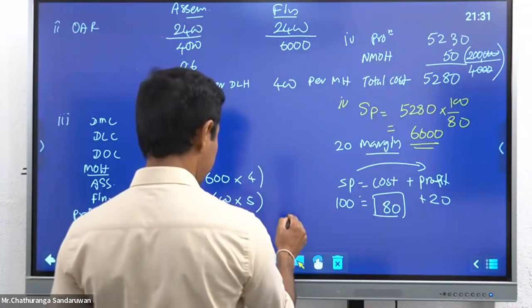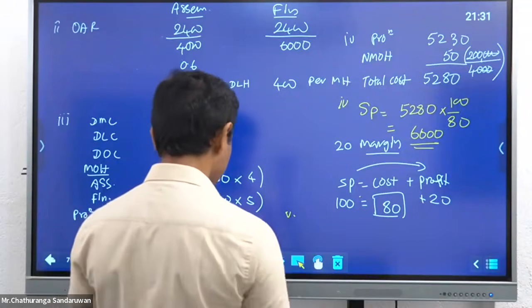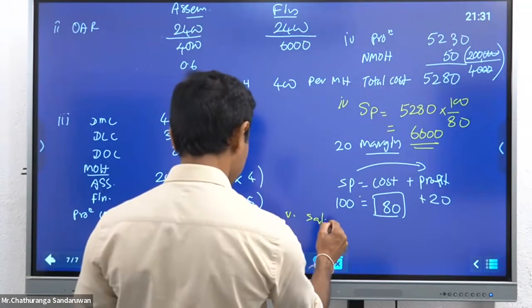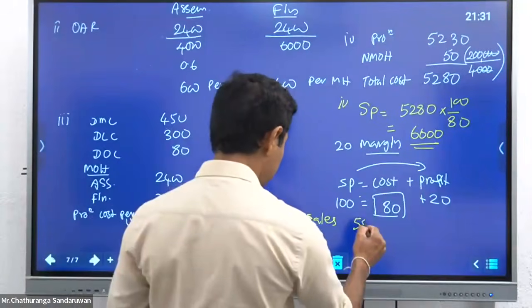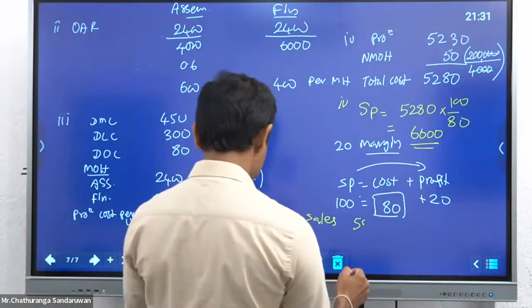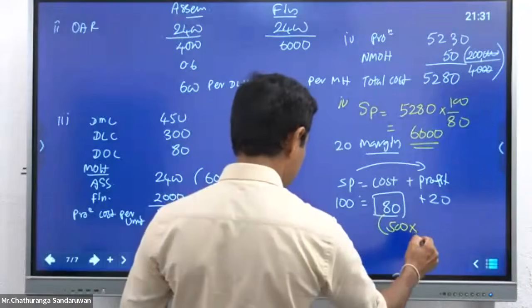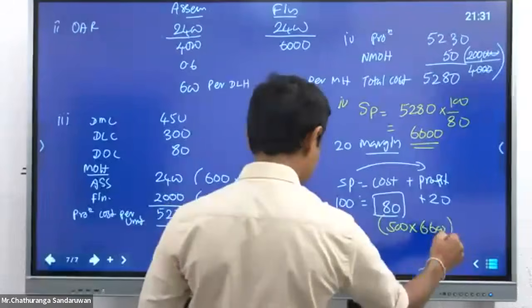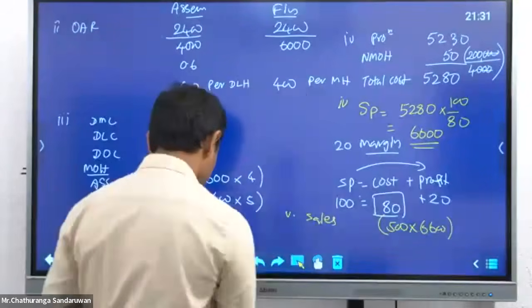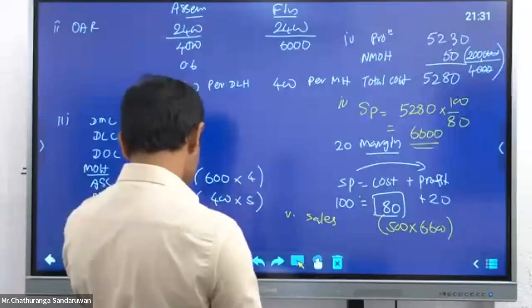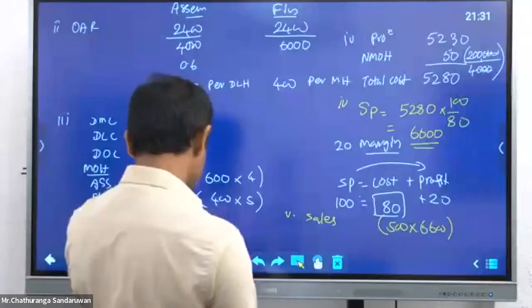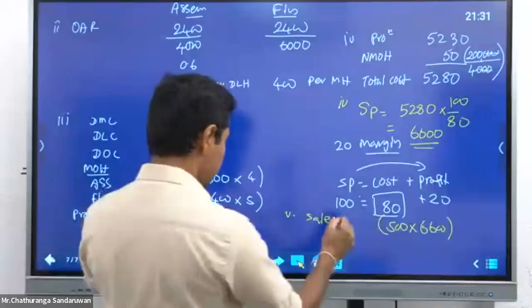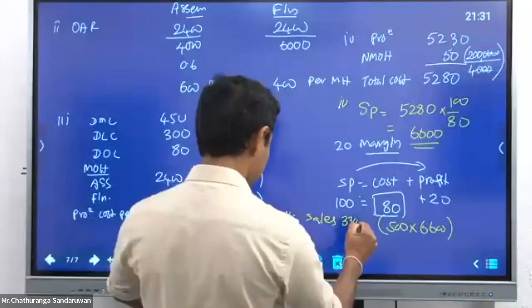Fifth part, sales: 500 quantity at the selling price of 6600. So sales is 500 multiplied by 6600. I am getting 3.3 million, right?